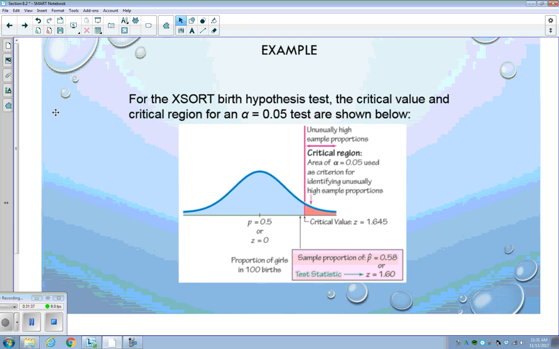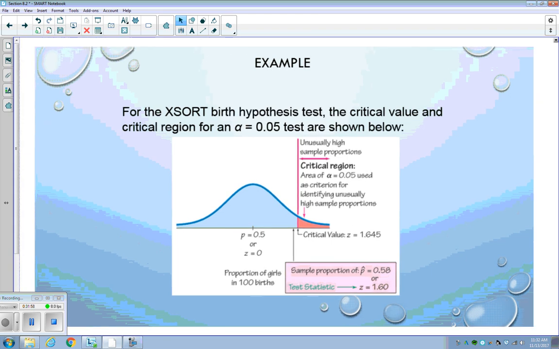So if I use the critical value method with an alpha of 0.05, my z would have to be 1.645, out here, but the actual one came out to be 1.6. So 1.6 falls in the null hypothesis region, so I would fail to reject the null hypothesis.